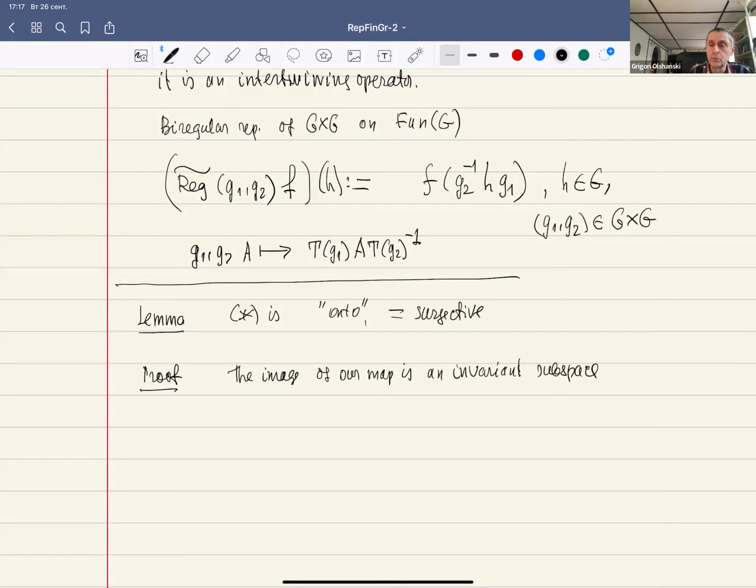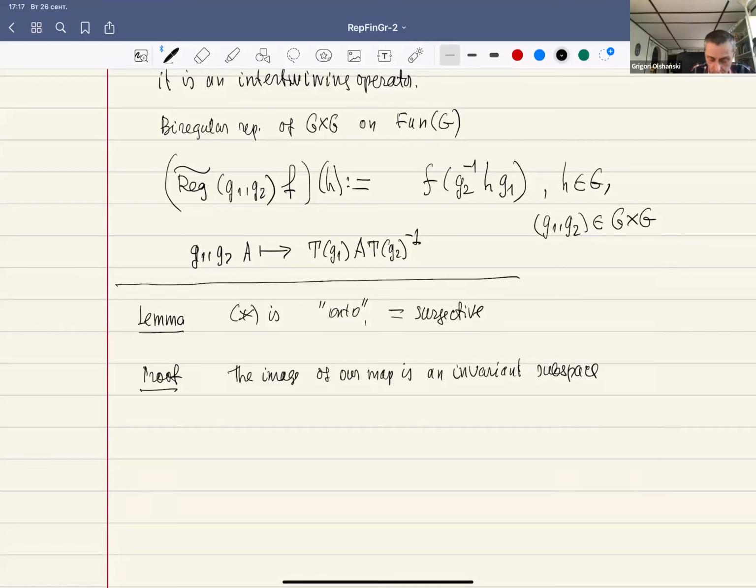Invariant with respect to the double action, by the left shifts and by the right shifts. Invariant with respect to the biregular representation. So we need to prove that it is actually an isomorphism. So we have to prove that this subspace is actually the whole space.